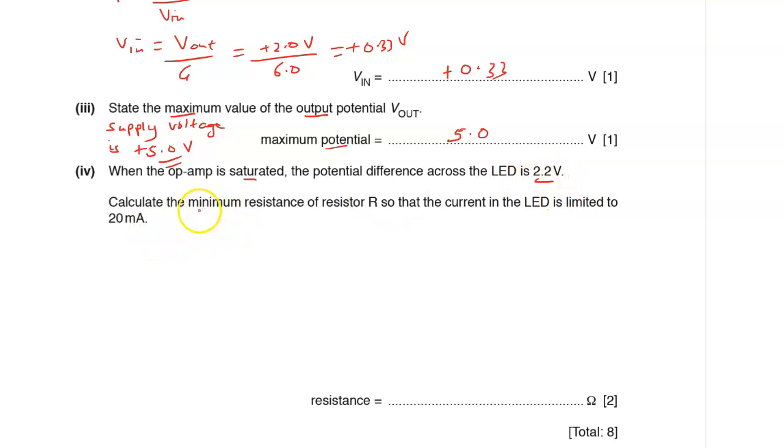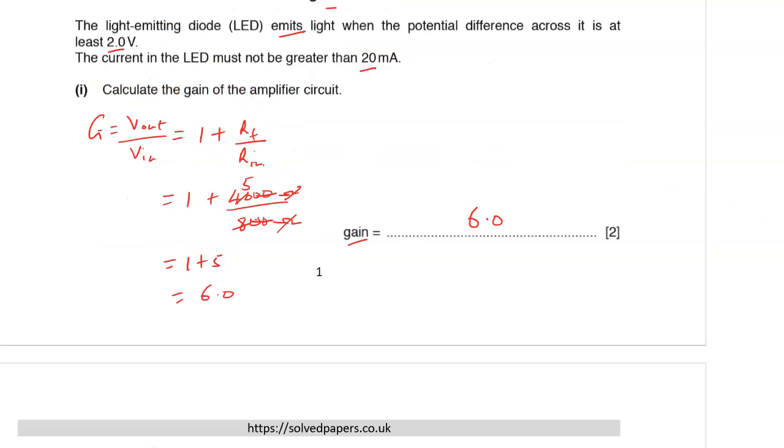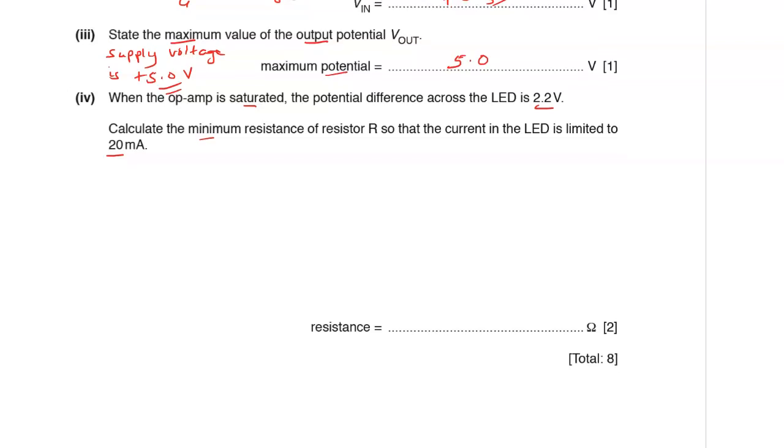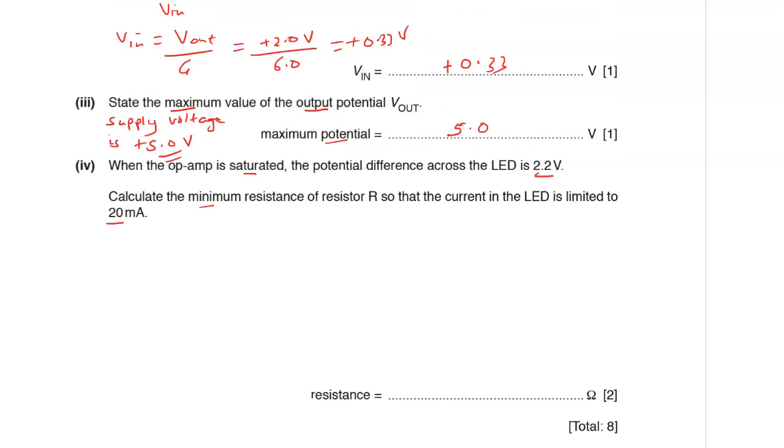Calculate the minimum resistance R so that the current in the LED is limited to 20 milliamps. We want the minimum value for R so that the current flowing through the LED is 20 milliamps. So that's what we need to calculate.